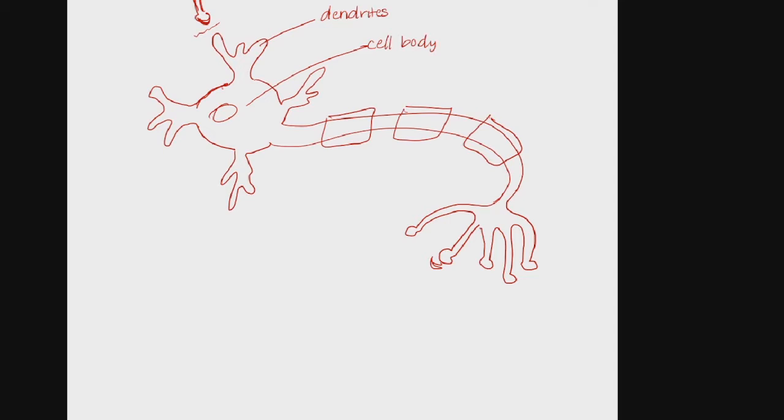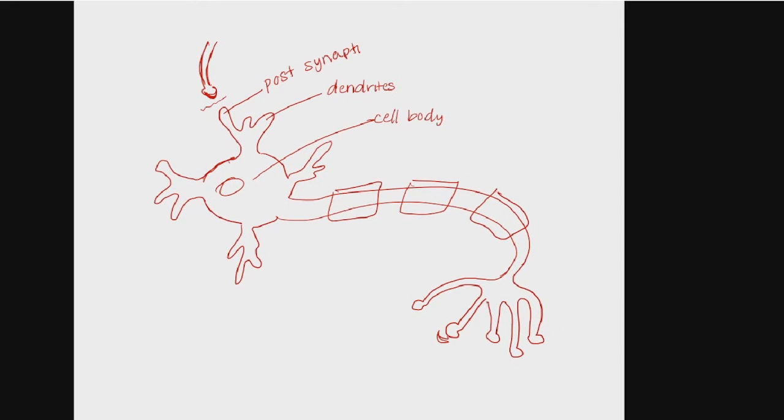This neuron is the post-synaptic neuron, because it is post this guy and receiving the information, and this would be the pre-synaptic neuron. And right here we have the synapse, the fluid-like space.